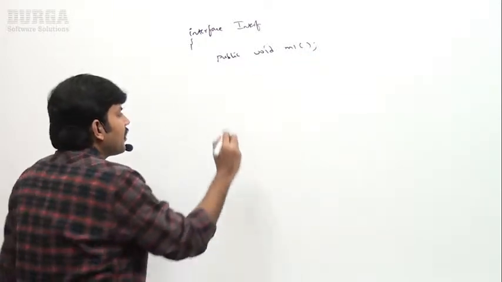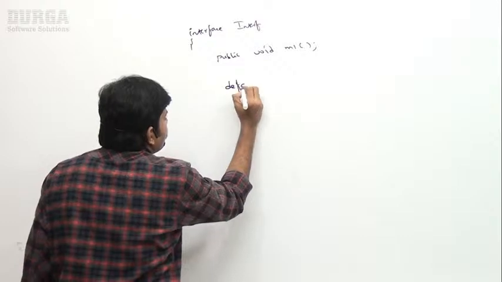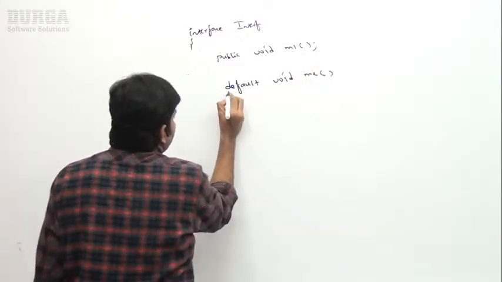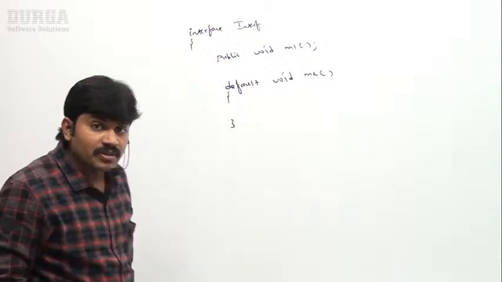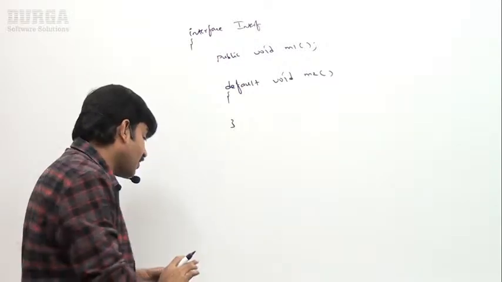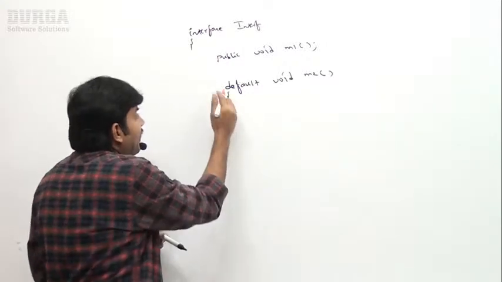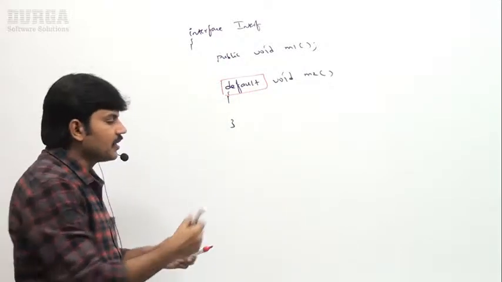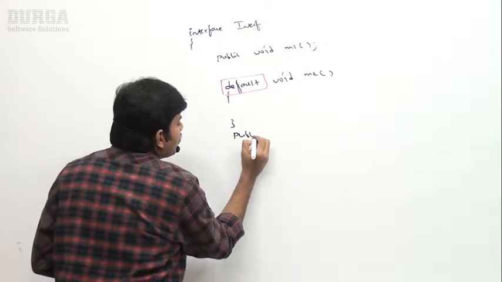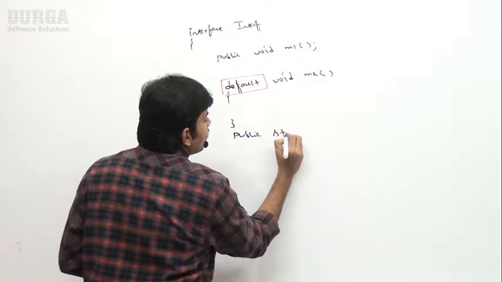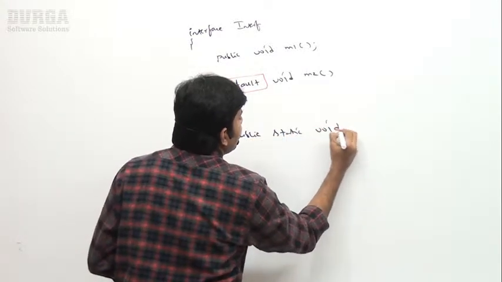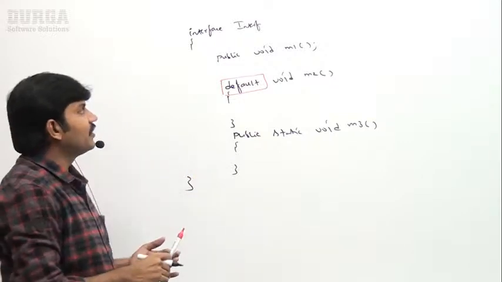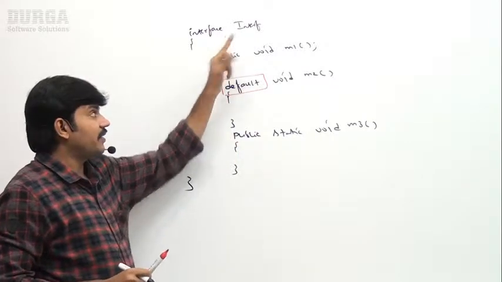Now I'm taking a default void m2 method. Sir, what is the purpose of a default method? This concept I will discuss, but this facility came from the 1.8 version onwards. Next, I'm also taking a public static void m3 method. Have you observed, right? All these things I'm taking inside the interface only.